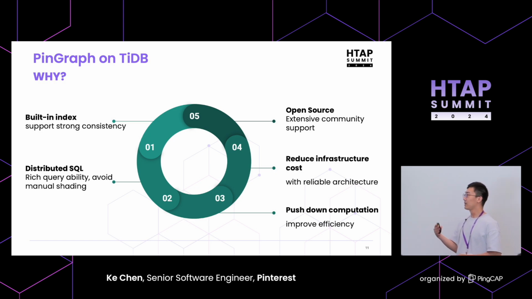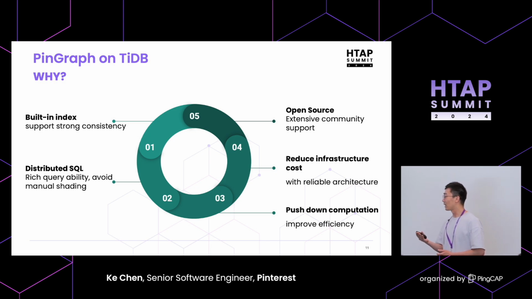Secondly, TiDB is a distributed SQL database, which means it not only offers much more query ability from SQL, but also we can scale up our clusters much more easily without any manual sharding at the application level. By the way, manual sharding is what we did for the SAM MySQL backend in the past.